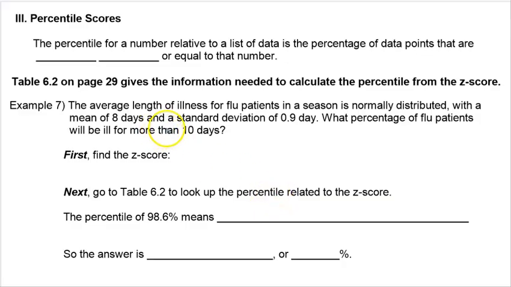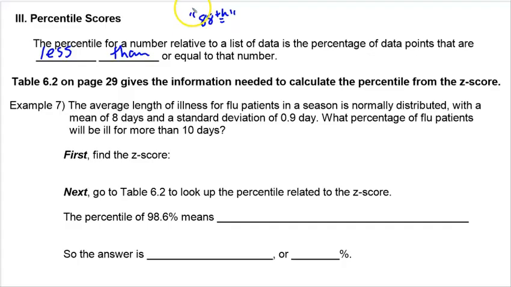Okay, percentile scores. The percentile for a number relative to a list of data is the percentage of data points that are less than or equal to that number. Maybe you've heard this come up in the context of standardized test scores, where maybe you were told that you scored in the 88th percentile. Well, what they're saying is that's pretty good.